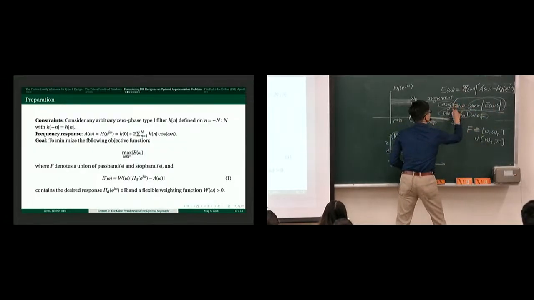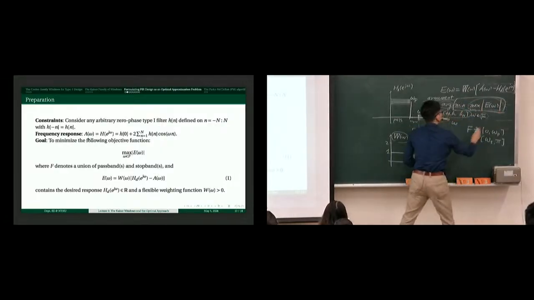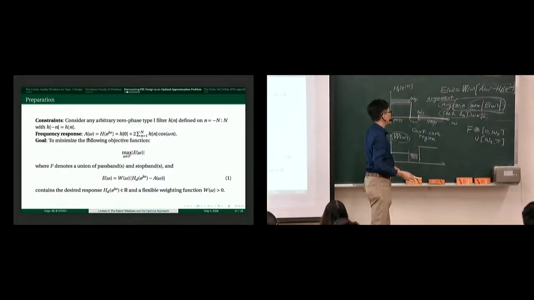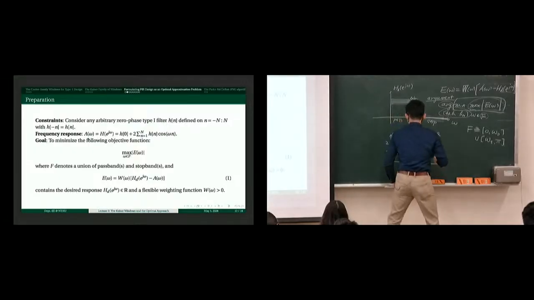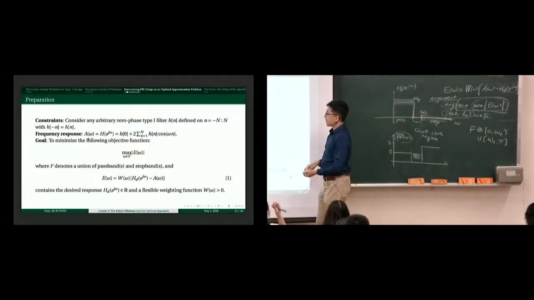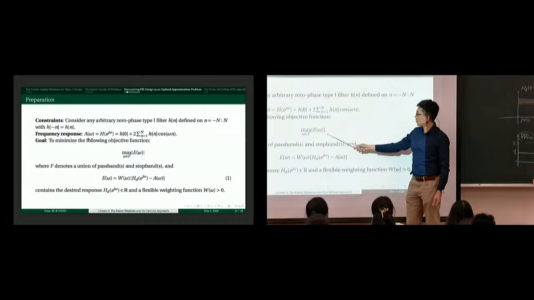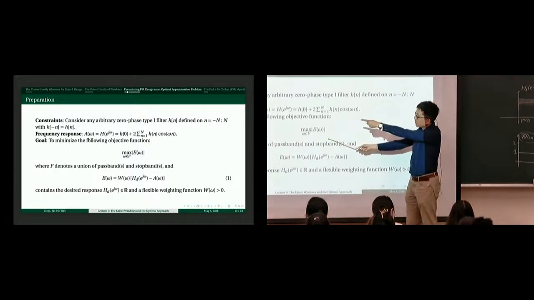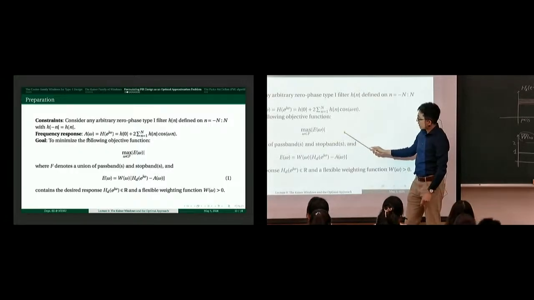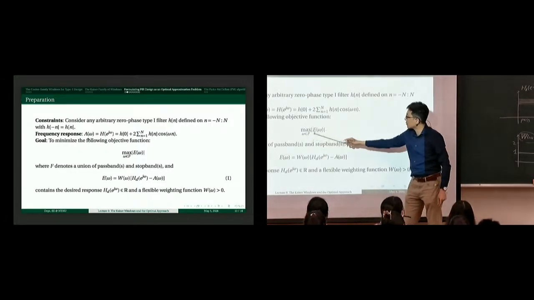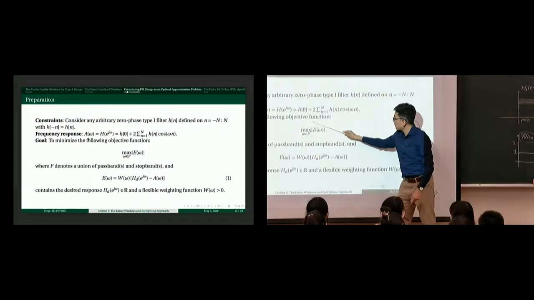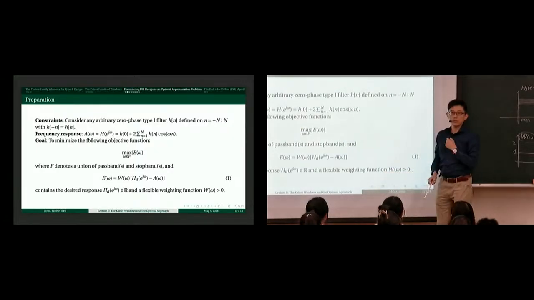This minimum, no, I'm sorry. Still, this is a function of your choice of filter, okay? Once you choose a filter, you choose all your sample values right there, you can calculate the maximum approximation error given the filter, okay?